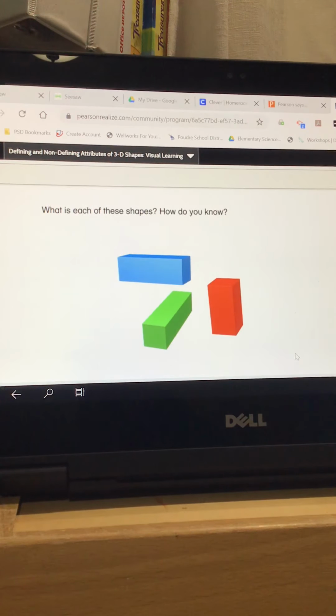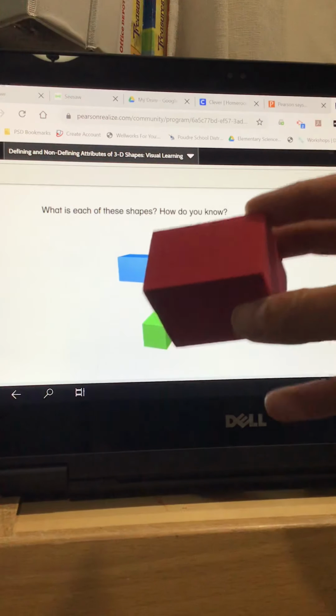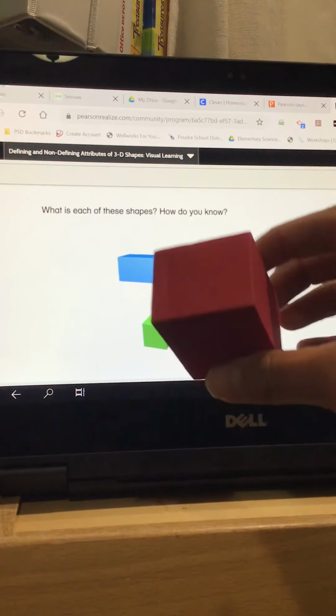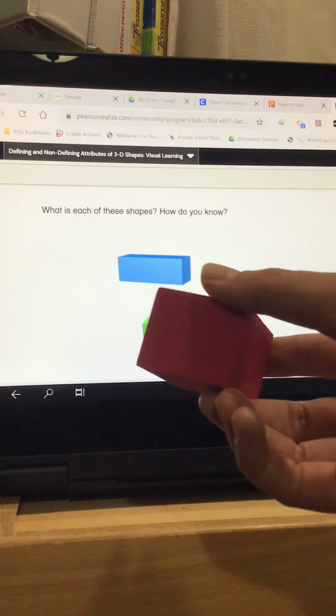What is each of these shapes? How do you know? Well, we've already done these shapes, right? How many faces do they all have? They all have 6 faces: 1, 2, 3, 4, 5, 6.